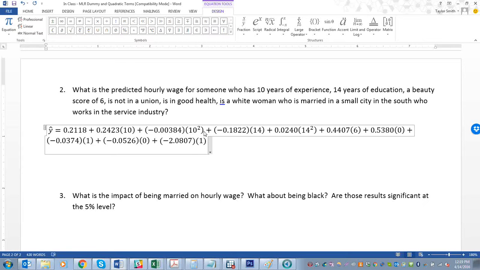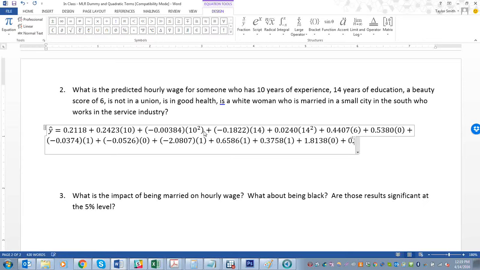Okay. She's also married, so 0.6586 times 1. Okay. Plus, she lives in the South, so 0.3758 times 1. Plus, she doesn't live in a big city, so this will be 1.8138 times 0.